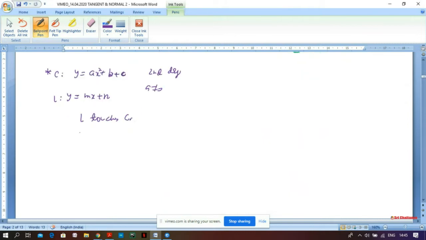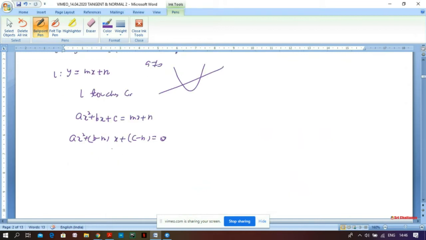That we just answered. Algebraically, the intersection of some curve and some line amounts to solving the equation ax squared plus bx plus c equals mx plus n. So it's a quadratic: ax squared plus b minus m x plus c minus n equal to 0. And we know that the roots are repeated.